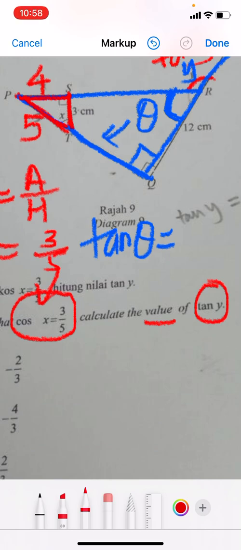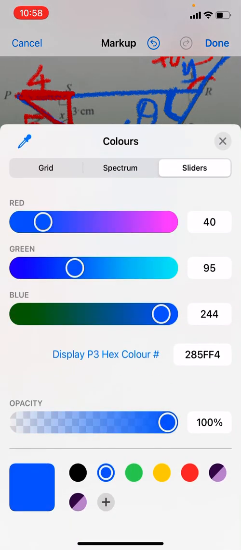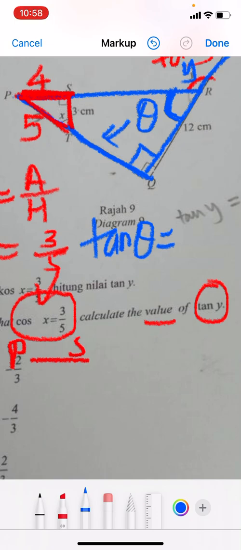If I compare PS, from P to S, this line, I'll draw PS here. Then for the blue triangle, I will focus on PQ, right? So you're given PS 4, so we need PQ so that we can find tangent theta.